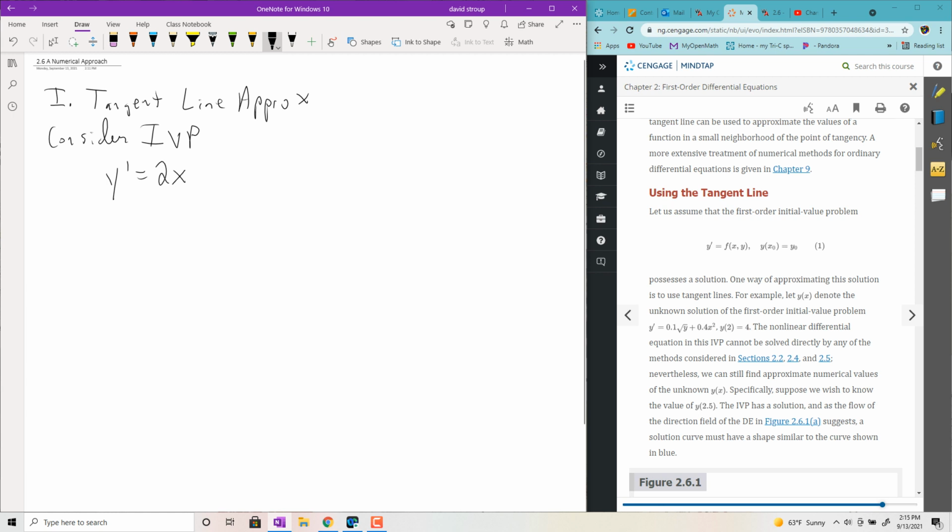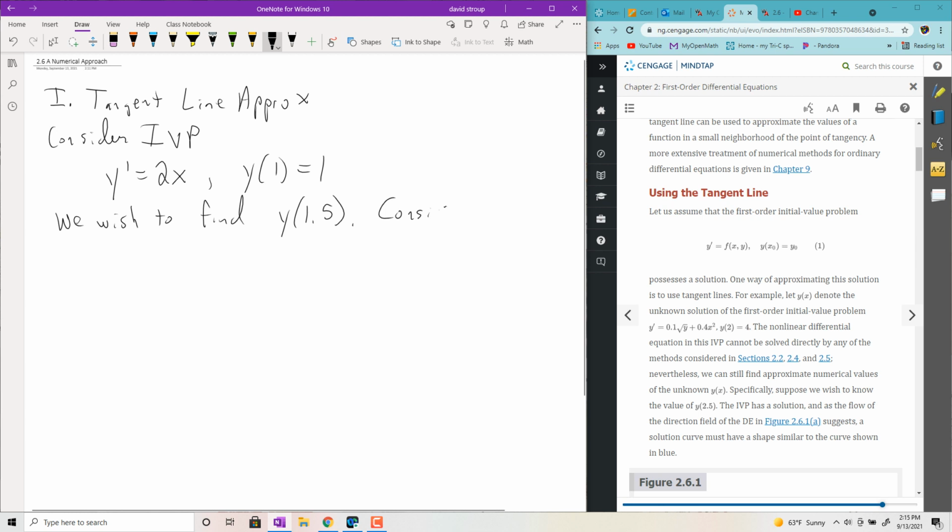But for introduction purposes, I'm just going to use this. Okay, so y prime is 2x and y of 1 is 1. We wish to find y of 1.5.